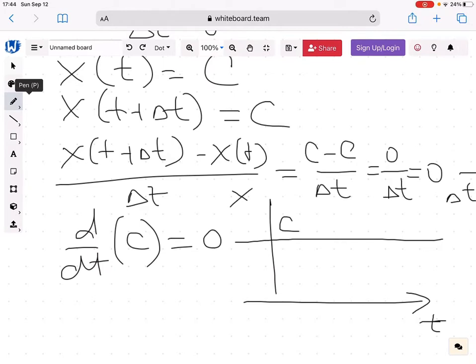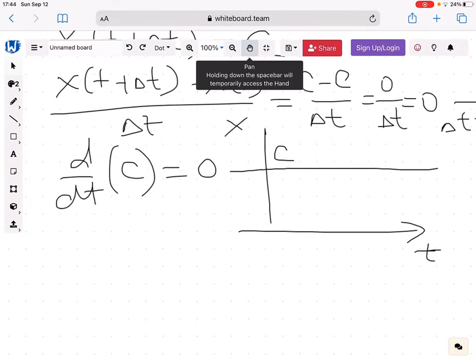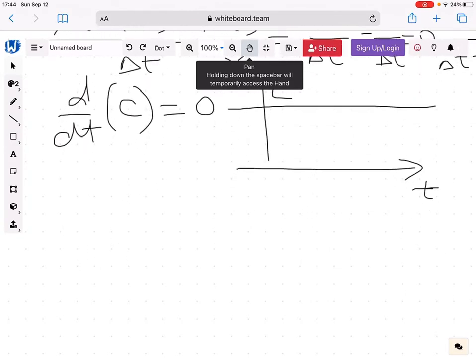Well, the function does not change. What is the rate of change? It's a big fat 0. So those ways to look at this fact all give us the same answer. Well, in fact, if they didn't, we would be in trouble.